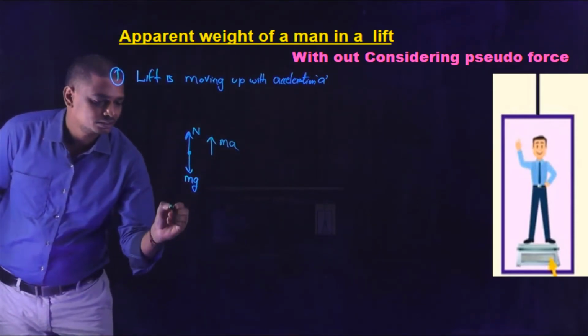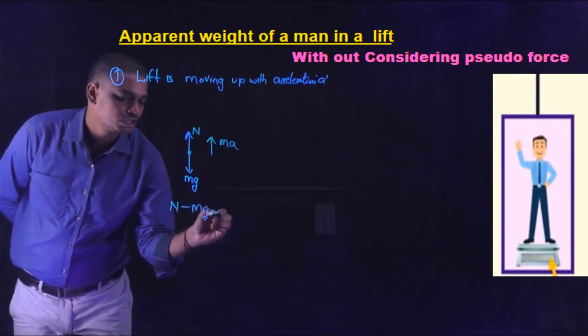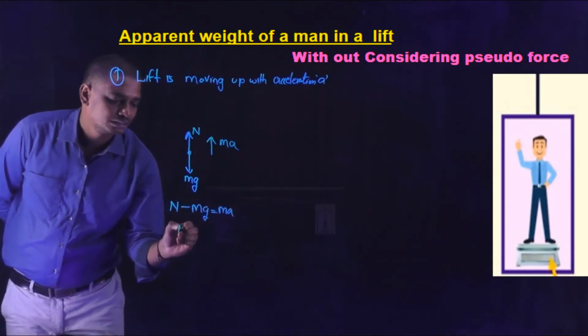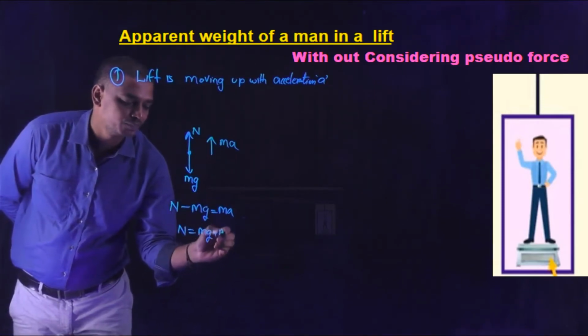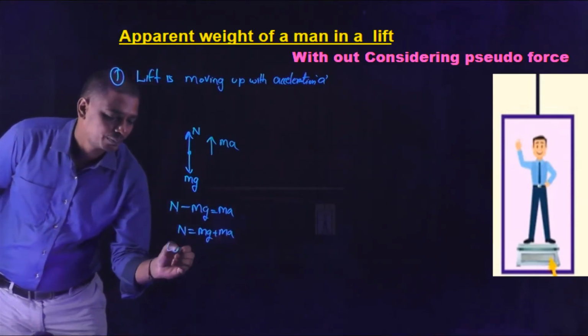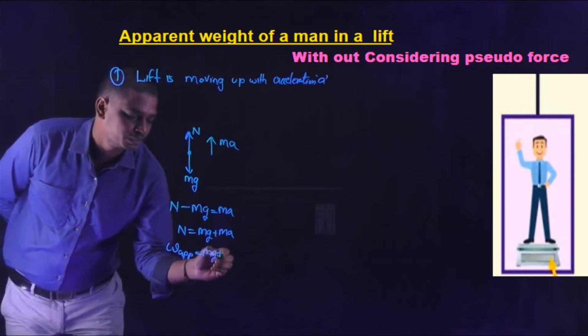Therefore, writing the equation from this free body diagram, N minus mg is equal to ma, and N is equal to mg plus ma, which is the apparent weight of the man. Apparent weight is equal to mg plus ma.